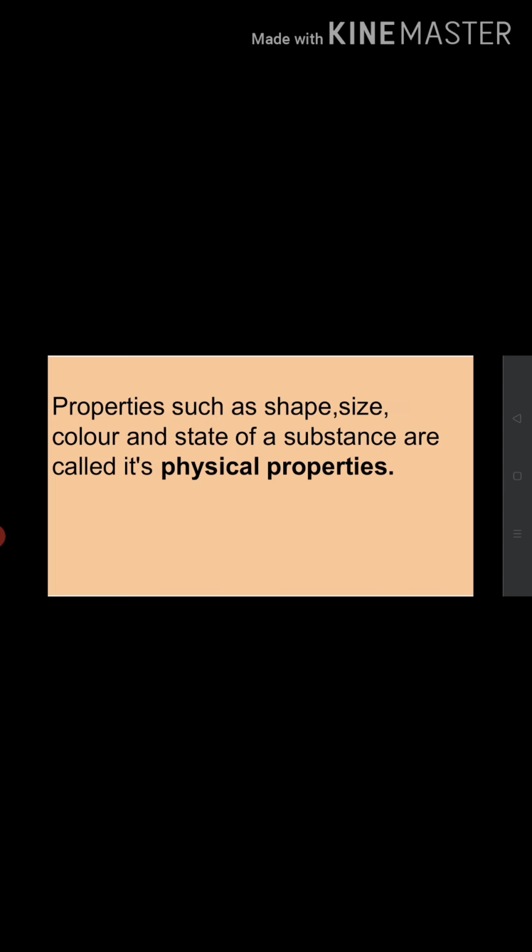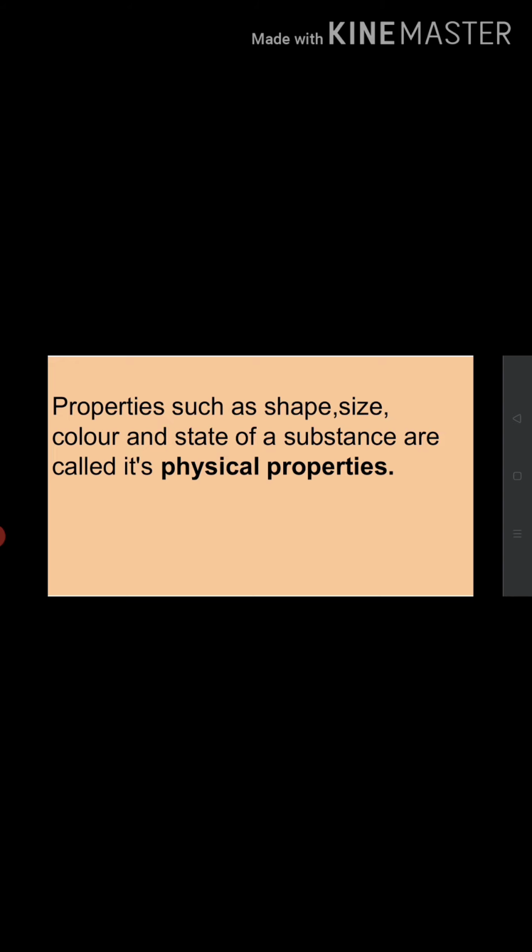Properties such as shape, size, color and state of a substance are called its physical properties.